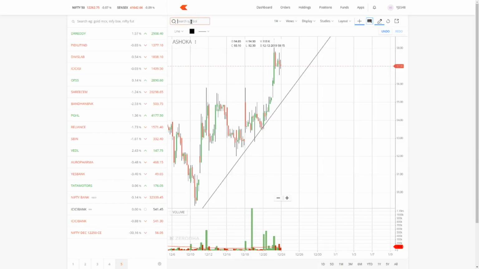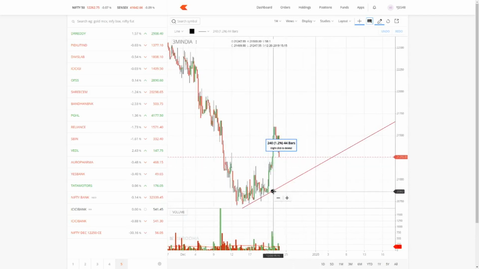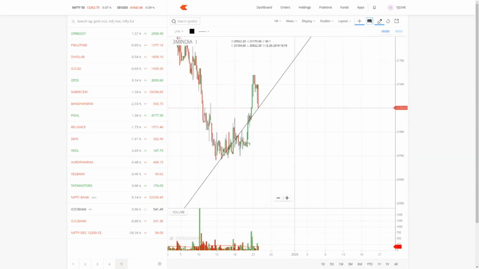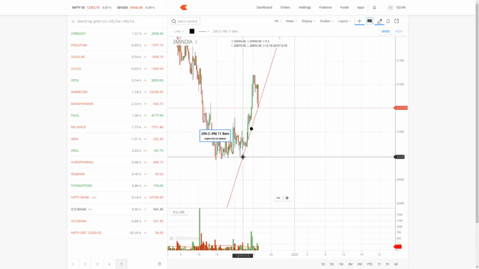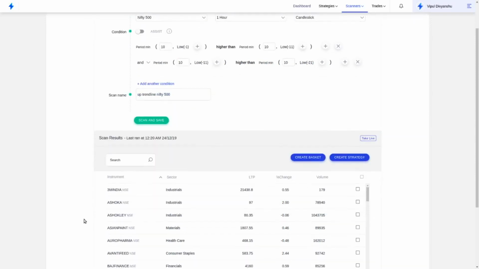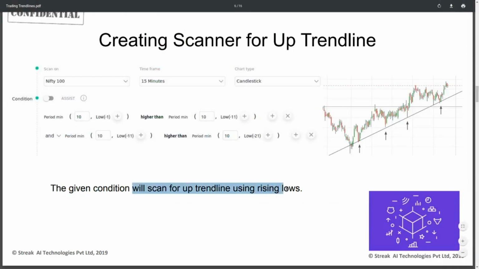We can also look at how the upward trend line is looking on 3M India. Because the lowest low was formed here, it looks something like this. Based on this, you can identify what the new lowest low is, and which stocks have a rising low.